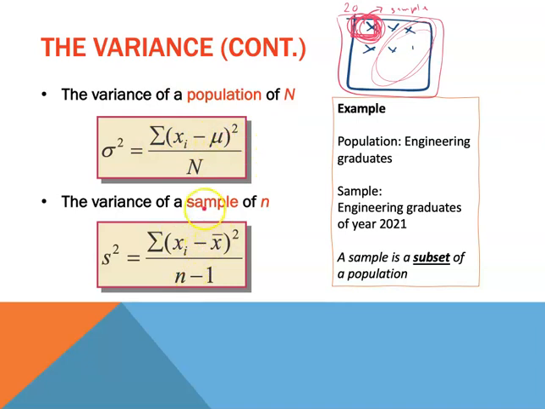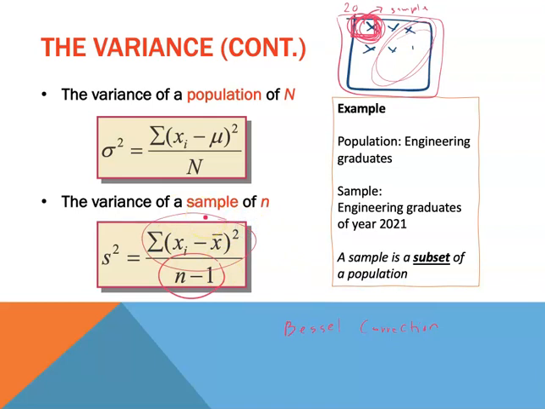So to correct this inaccuracy, they introduced this n-1. This n-1 is called the Bessel correction. So what is Bessel correction? Bessel correction is basically the act of dividing this guy over here by n-1.